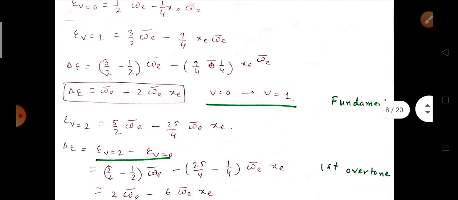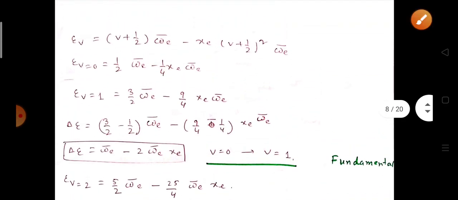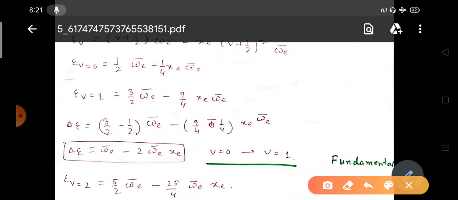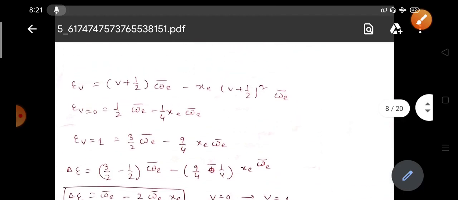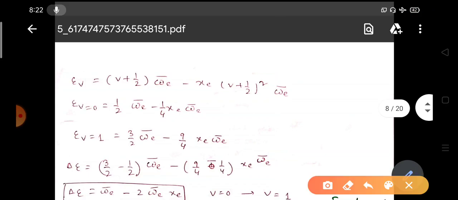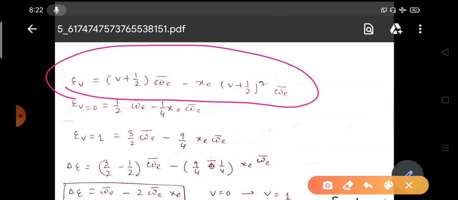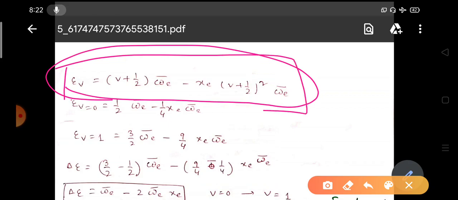The fundamental band is the vibrational transition from V equals 0 to V equals 1, and we have to apply the vibrational energy expression, that is E_V equals (V plus half) omega e minus xe (V plus half) whole squared omega e.